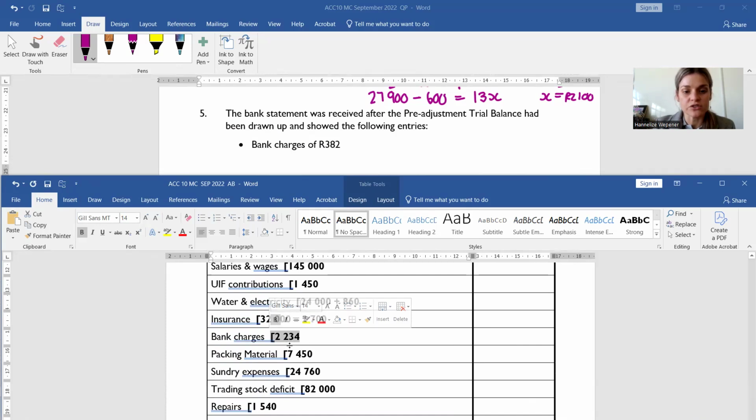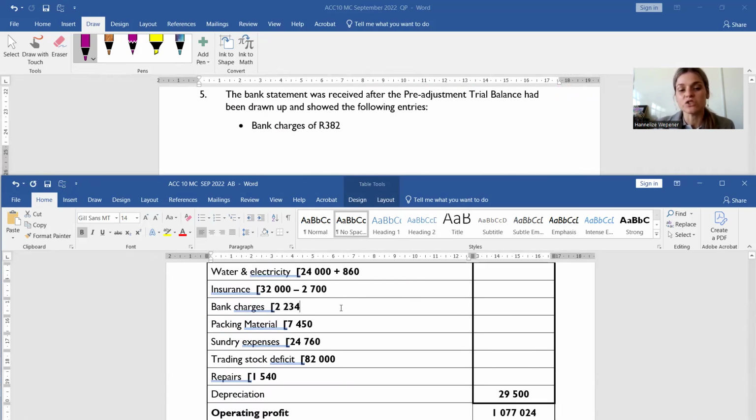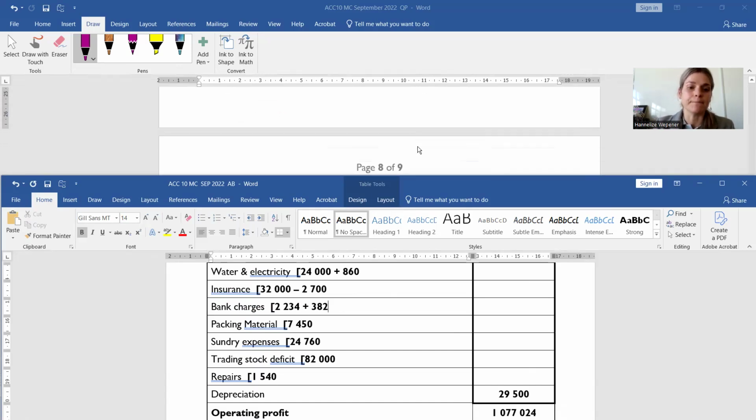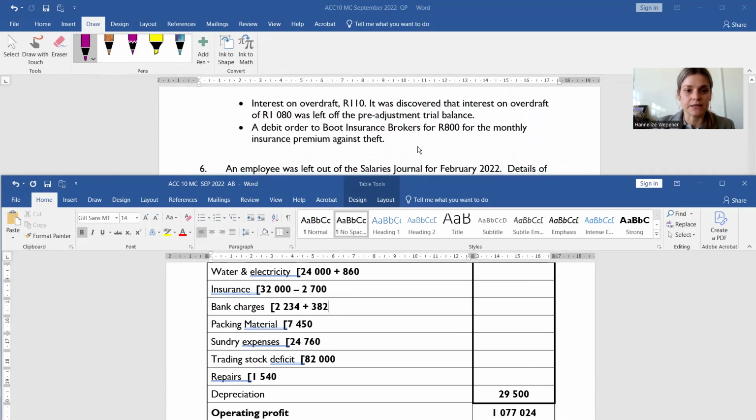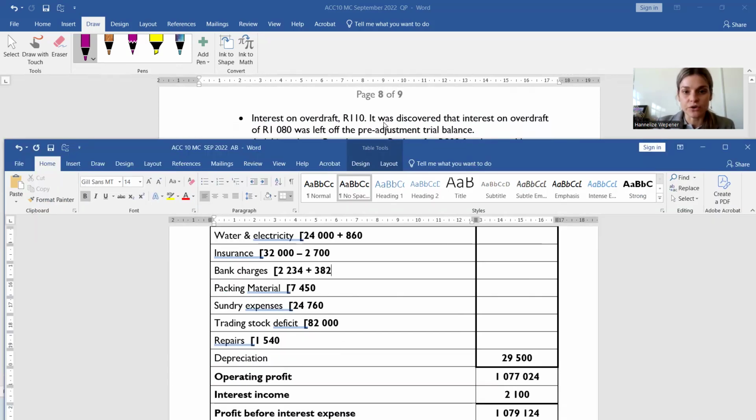That means that the 2,234 for bank charges doesn't include the last bank charges on the last bank statement that we've received. So it means that we must now just go and record it because it must be in our books. So debit bank charges, you pay your bank charges, so you will credit bank, but we're not doing that one now.